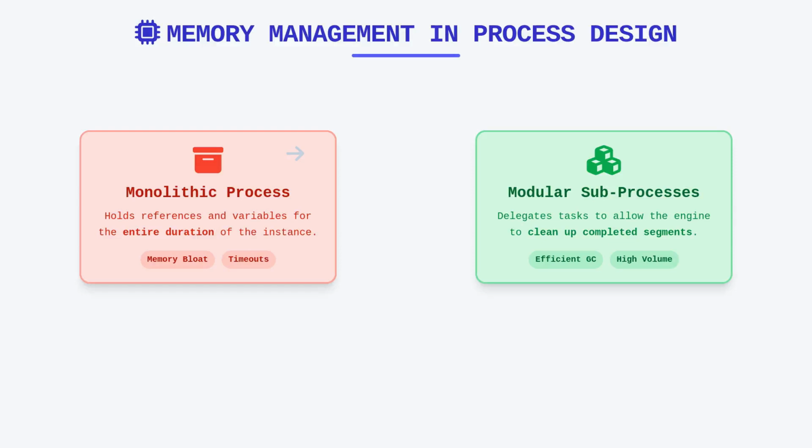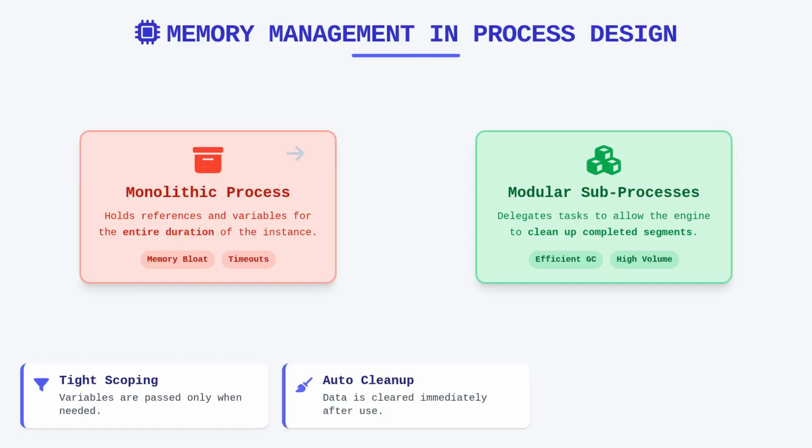This is particularly important when dealing with high-volume processes that could otherwise lead to system performance degradation or timeout issues. When you design with modularity in mind, you implicitly manage the lifecycle of your variables, ensuring that data is passed into the subprocess context only when needed and cleared shortly thereafter.